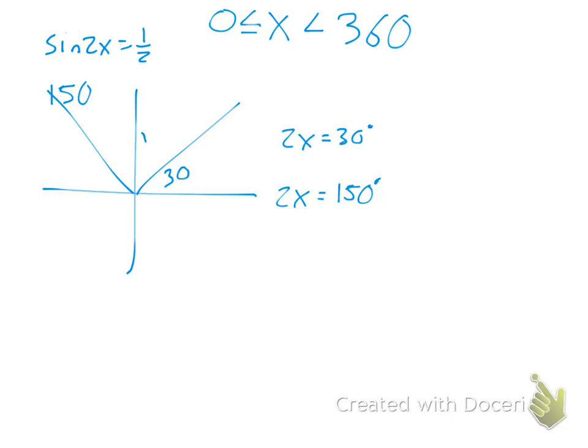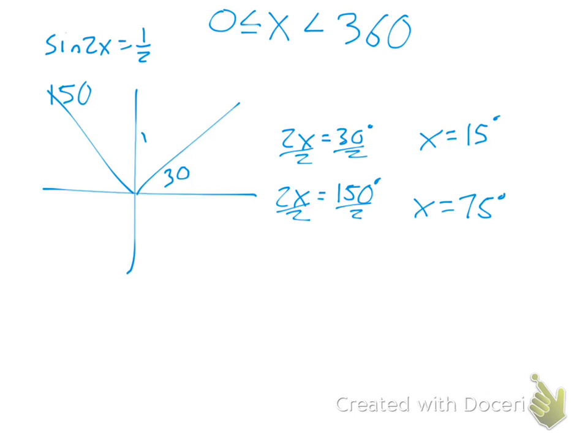Does that kind of make sense? But we don't want 2x, we want x. So divide both sides by 2. So x equals 15 and x equals 75.